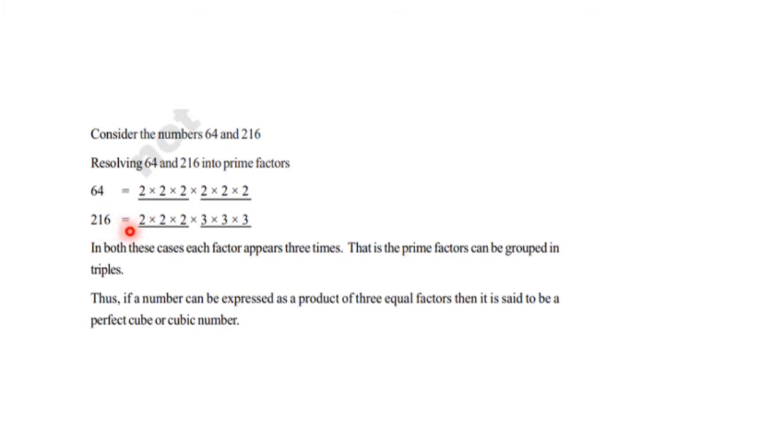We get 2 into 2 into 2 and 3 into 3 into 3. In both these cases, each factor appears 3 times. That is, the prime factors can be grouped in triples. Thus, if a number can be expressed as a product of 3 equal factors, then it is said to be a perfect cube or cubic number.